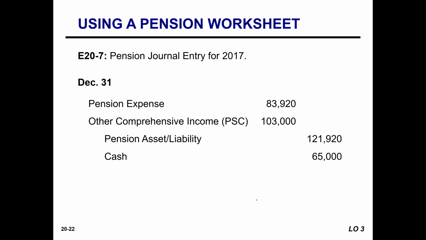Debit to the pension expense, debit to the other comprehensive income for 103,000, credit to the pension liability, since we're crediting it, for 121,920, and then a credit to cash for the 65,000.